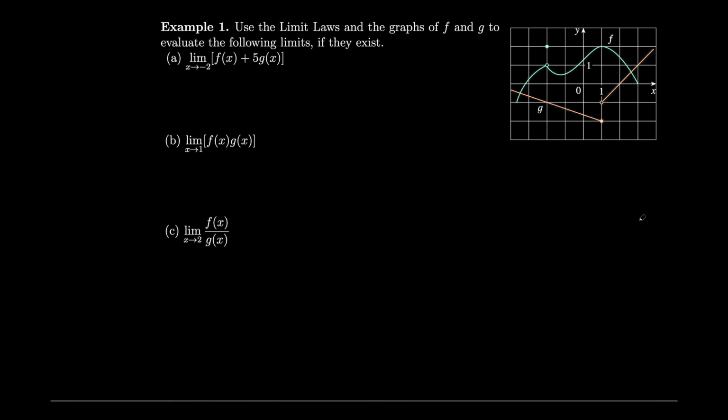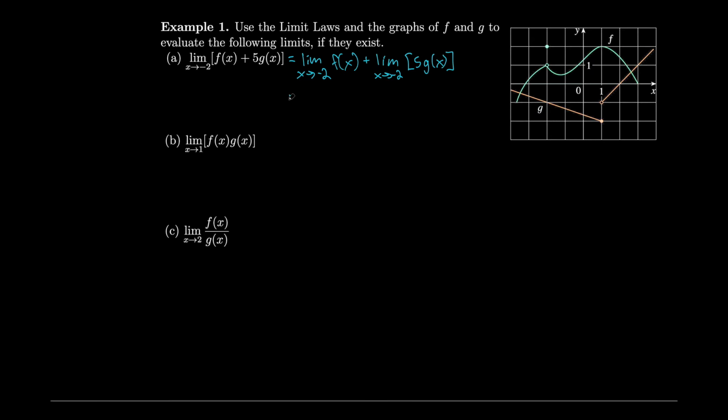Use the limit laws and the graphs of f and g to evaluate the following limits if they exist. First, we want the limit of f of x plus 5g of x as x approaches minus 2. So this can be split into the limit as x approaches minus 2 of f of x plus the limit as x approaches minus 2 of 5 times g of x.